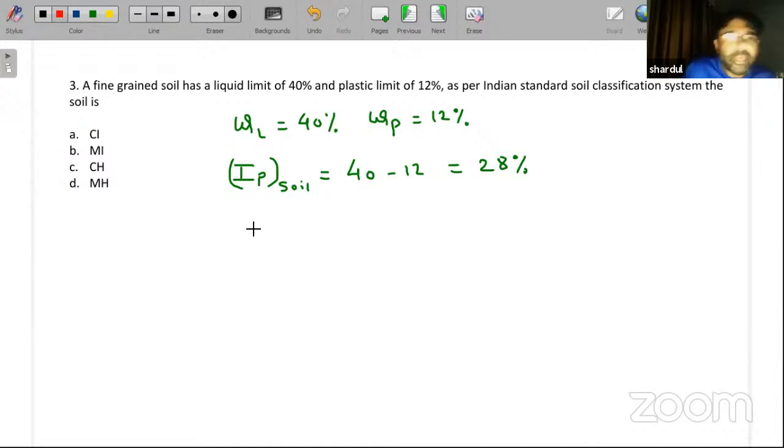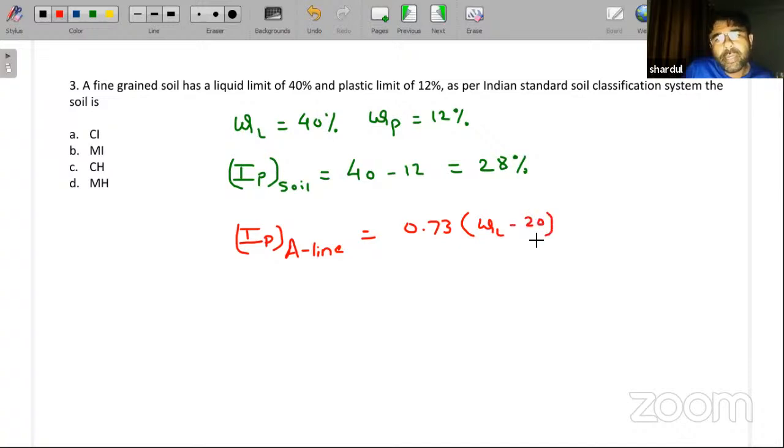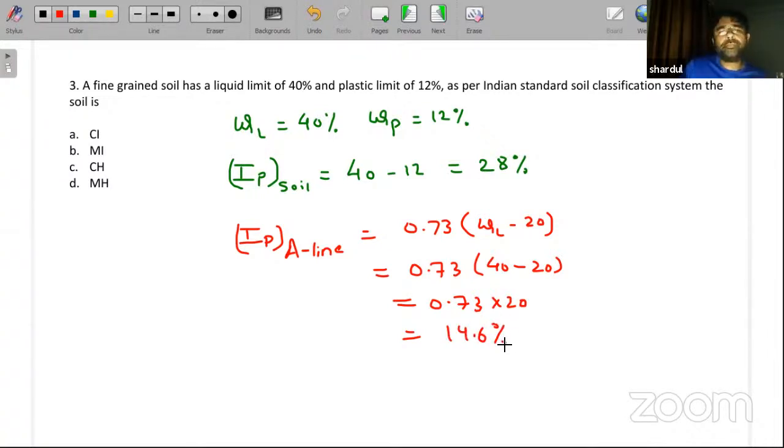Now, I can also calculate the plasticity index of the A line. I very well know the plasticity index of the A line is 0.73 times liquid limit minus 20, that you must have studied. So it will become 0.73 into 40 minus 20, so 0.73 into 20, that means it is 14.6%.